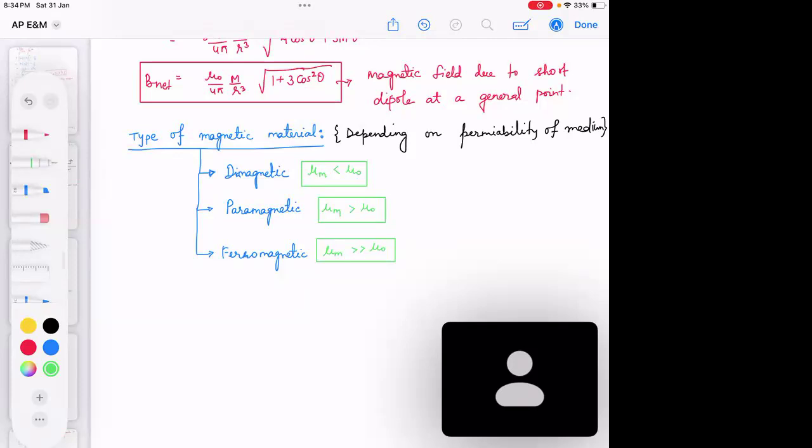And ferromagnetic material will be highly attracted. Understood? So whether a material is diamagnetic, paramagnetic, or ferromagnetic depends on the permeability of the given medium. Is that clear?